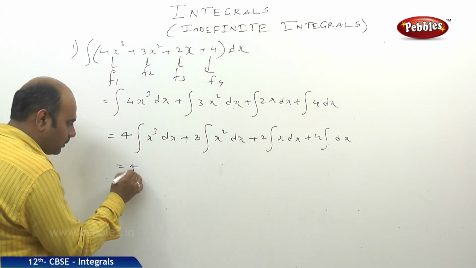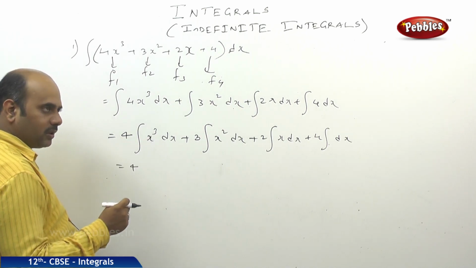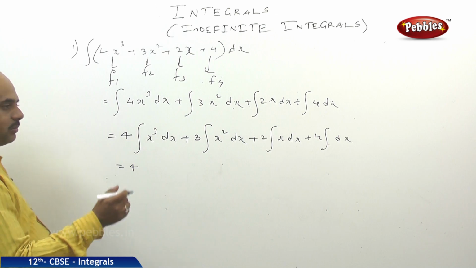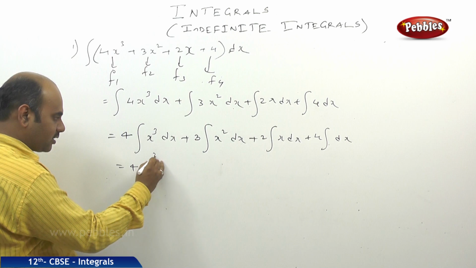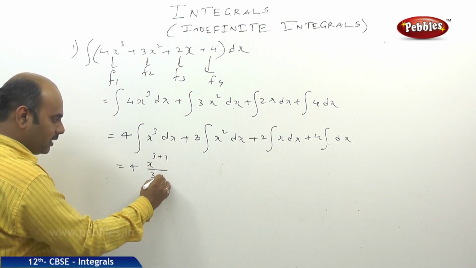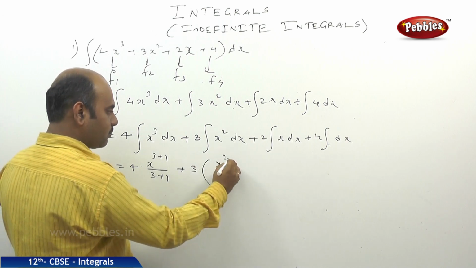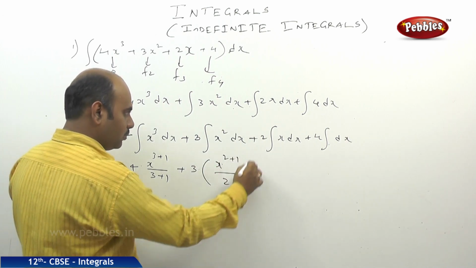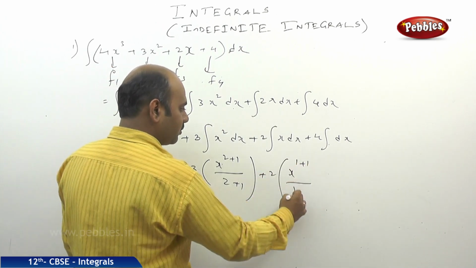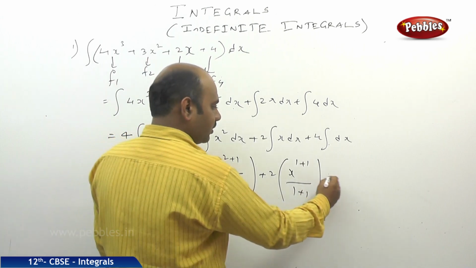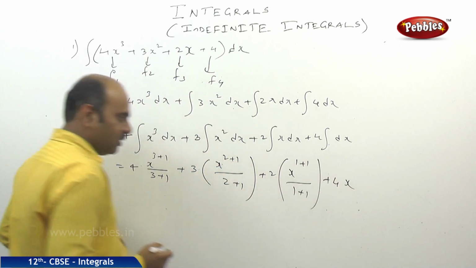So again, it is like integral of x power n dx. Integral of x power n dx means x power n plus 1 by n plus 1 plus c. So what happens? 4 into x power 3 plus 1 by 3 plus 1, plus 3 into x power 2 plus 1 by 2 plus 1, plus 2 into x power 1 plus 1 by 1 plus 1, plus 4 into integral of dx. Integral of dx means 4x.